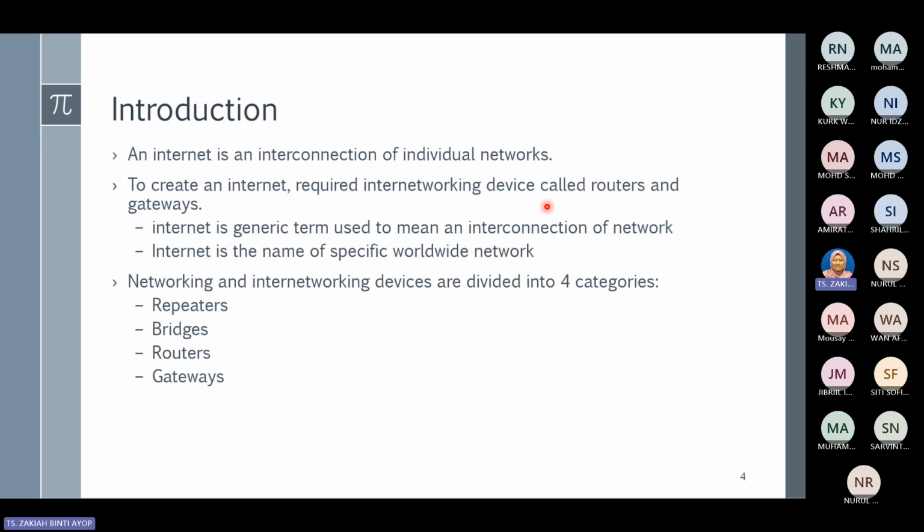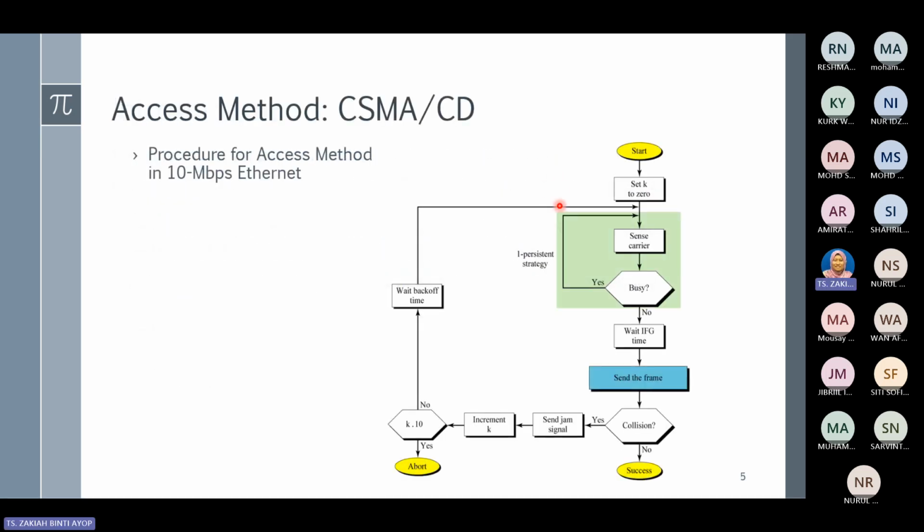So how does it work? In order for a host to send out a packet, it starts with K equals 0, and then it senses the carrier, meaning it senses inside the medium. If it's idle, there's a signal similar to the buzzing sound when you pick up a traditional telephone.